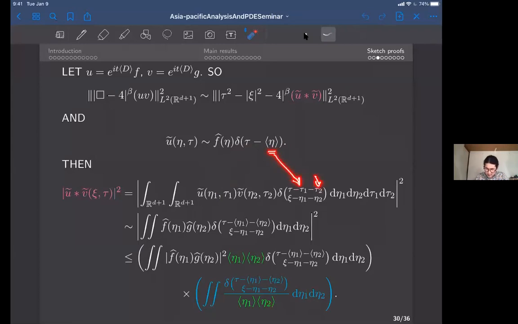That's this thing. And then you have this. Then we want to use the Cauchy-Schwarz, so just put the Japanese bracket of eta 1 and eta 2 and its reciprocal, maybe raised to the one half. Then use the Cauchy-Schwarz to divide these things into these two.